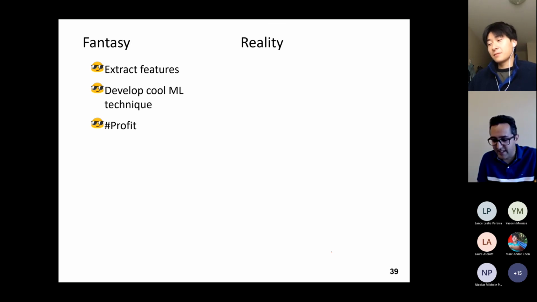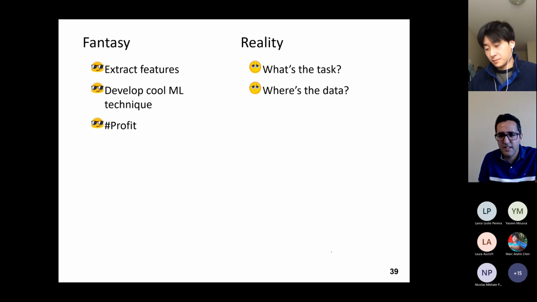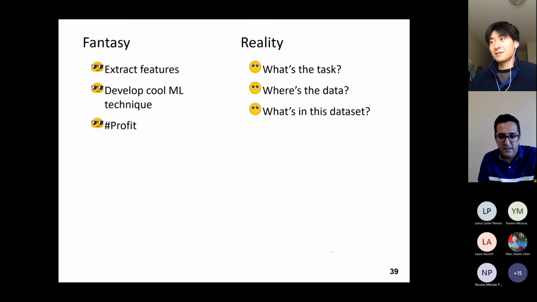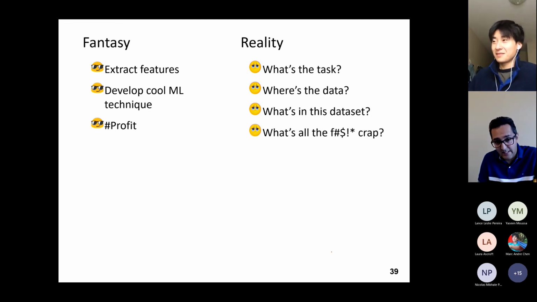In reality, things are again a little bit different. Typically, you are told what to do, or sometimes it's not really clear what the task is, so we need to find that out. Then we need to find out where the data is, so we need to ask people to figure out where you can find the data. Then you have to spend time to find out what's in the data set, because they are typically not well documented, and there will be a tough time trying to figure out what this really is.